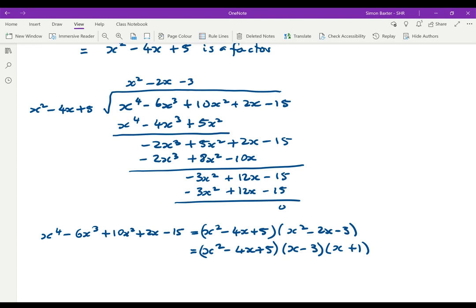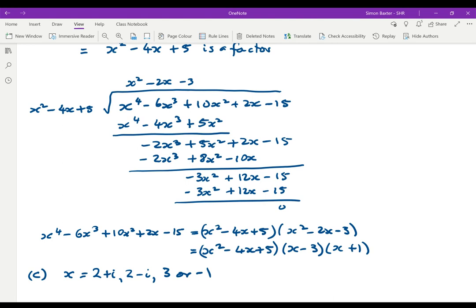Part C was to solve the equation. Well, we know from the first part that 2 plus i and 2 minus i are both solutions, and the factorizing above shows us that 3 and minus 1 are solutions.